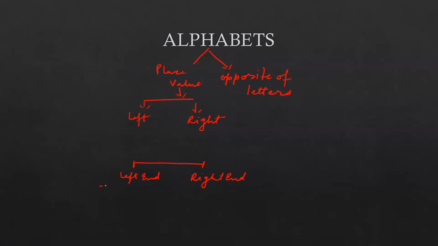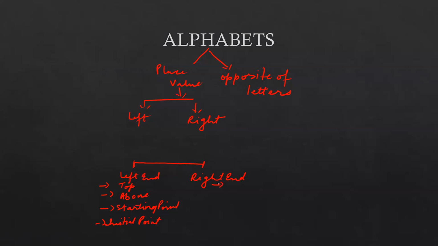The left end is also called, in some questions, top or above, starting point, or initial point. And on the right hand side, the right end is all this.